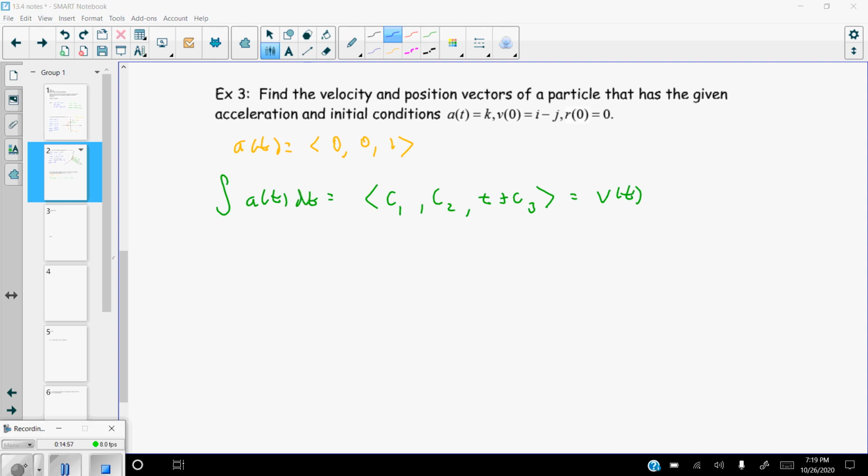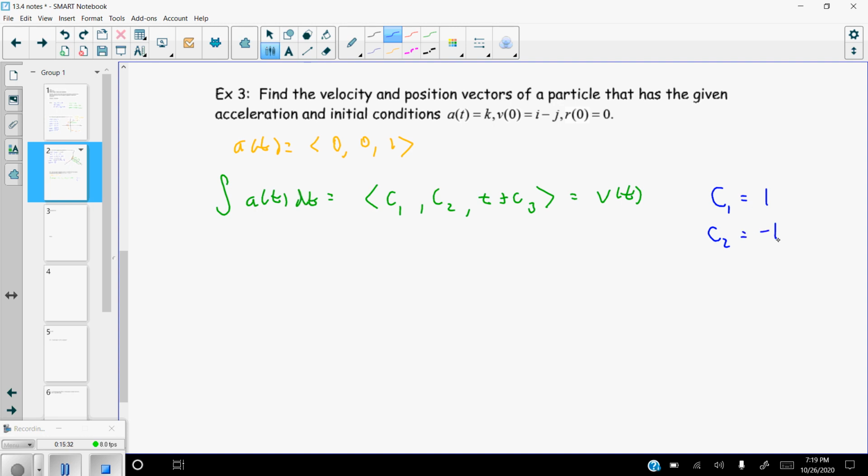All right, so there are a couple different ways you can look at this. Some of this might be very intuitive to you, but for those who it's not, I'm going to make sure that we write it out here. So the c1 component, the x component, has to equal the i component when t is 0, but there's no t's to plug anything into, and the i component has a coefficient of 1, so c1 just equals 1. c2, which is the y component, has to equal the j portion.